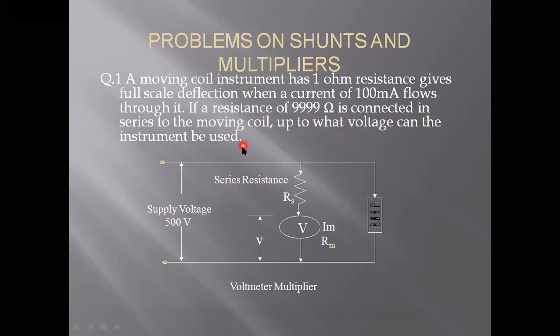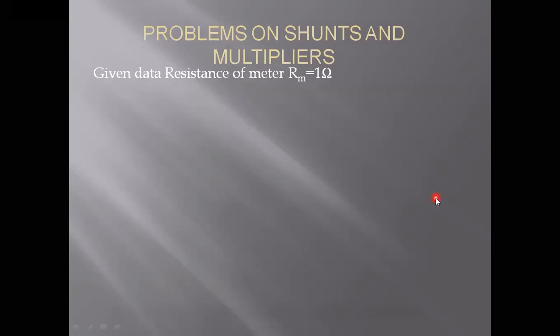So we want to know how much voltage the measuring instrument can be used for. Here we have shown 500, but it is actually not known. We have to find out. So let us get into the solution.